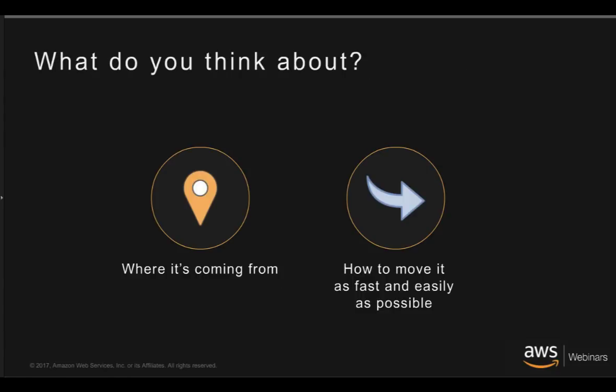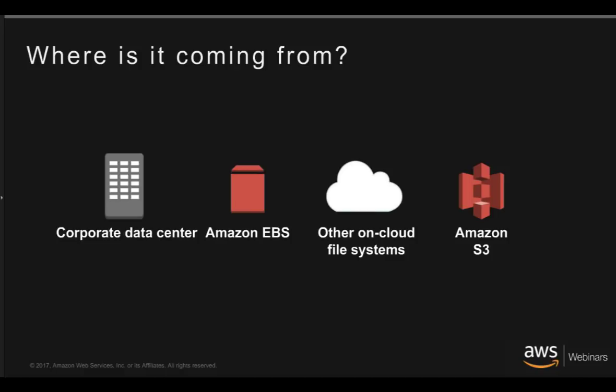What do you think about, though, when you need to ingest or move data into EFS? Well, first, the source. Where is it coming from? And second, the mechanism. How do you copy, move, or transfer this data fast and efficiently? We can generally describe where it's coming from into 4 categories.